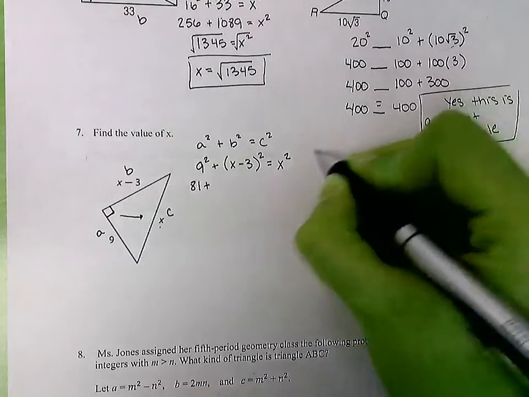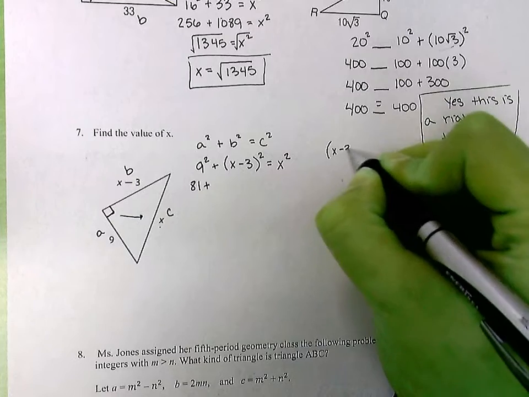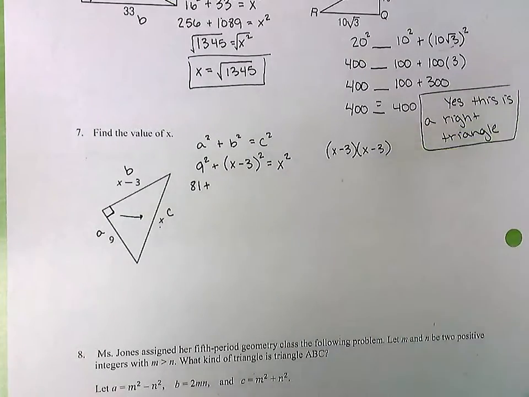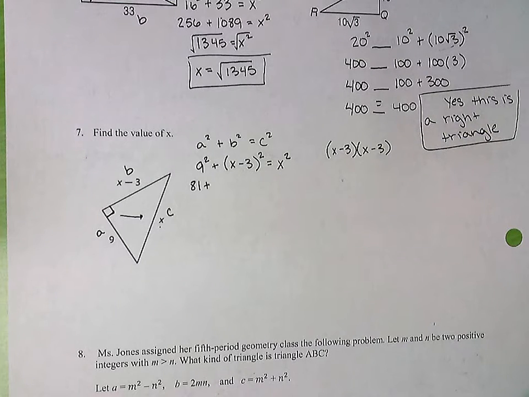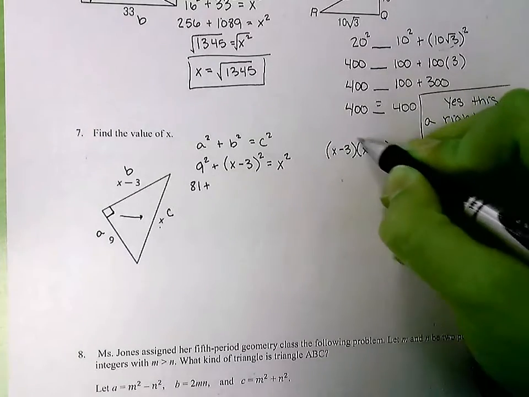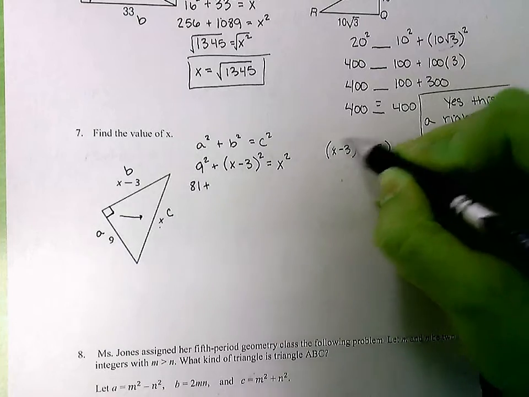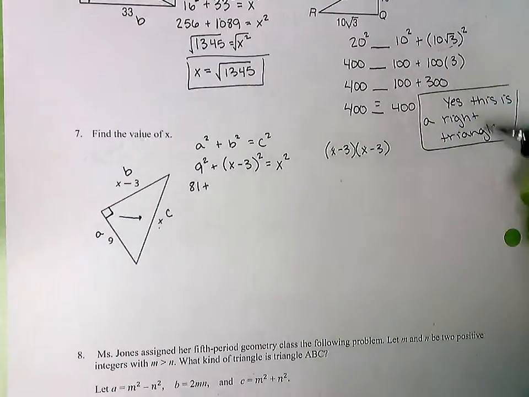So off to the side, what this is actually saying is I have x minus 3 times x minus 3. That's what that square is doing. It's multiplying that number times itself. So you have to FOIL it. You have your first or front, your outer, your inner, and your last.